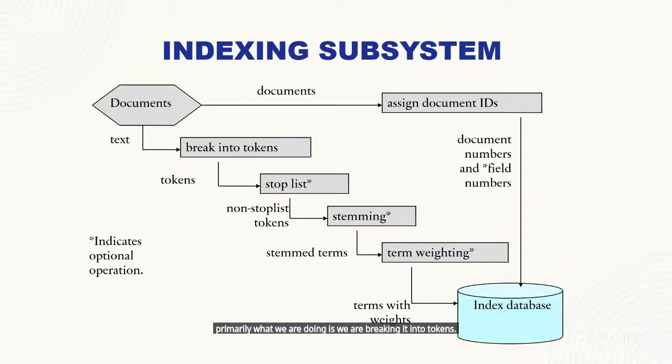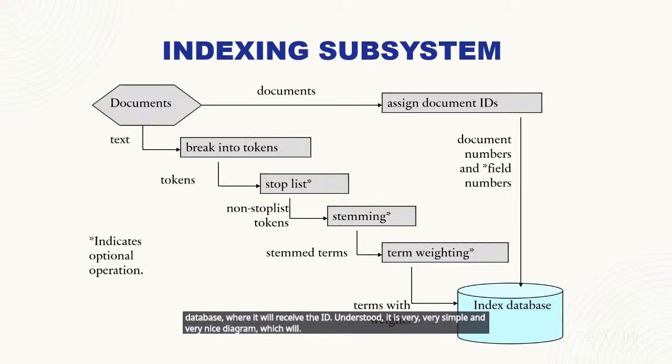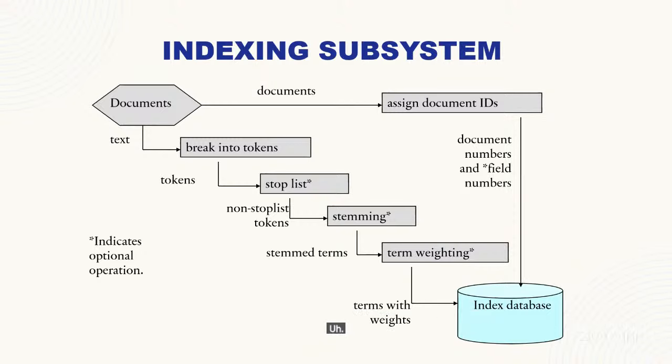Stop list is applied, stemming is done, and then after stemming, the terms are taken and stored in the indexed database where each will receive an ID. Understood? It is a very simple and very nice diagram which will make you understand how our index is stored in a database.